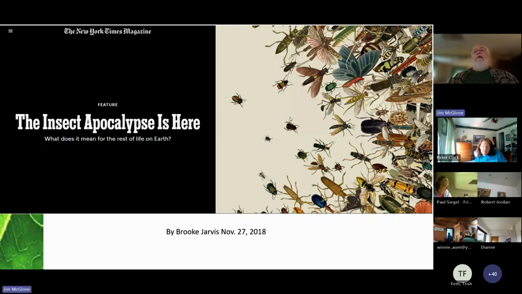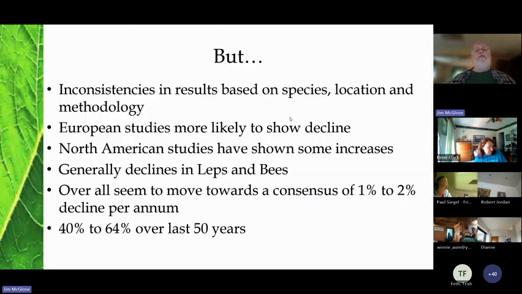Well, as a result of the increased public spotlight, there was an increased academic spotlight on this issue, and there were a lot of studies that were done after that. And the results were somewhat inconsistent, whether they were pointing to a decline or an increase or a steady state, but a lot of that inconsistency was based on what species they were looking at, where they were doing the study, and how they were doing the study.